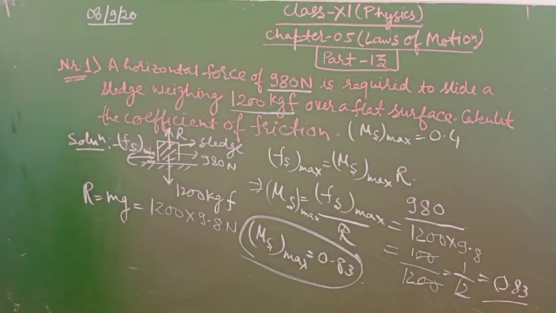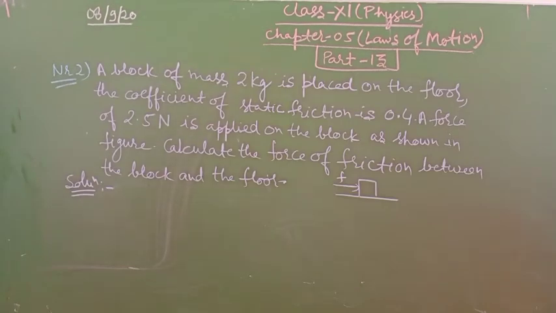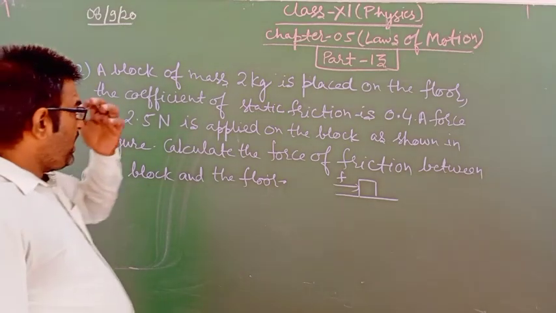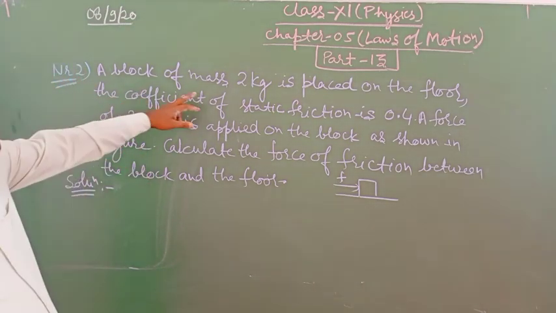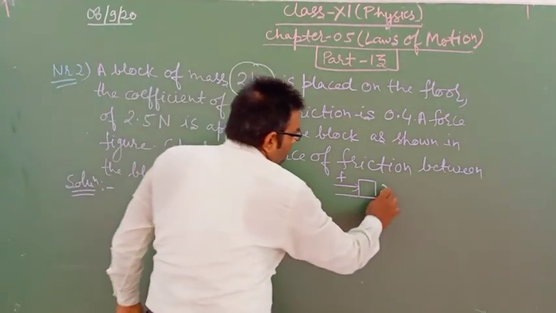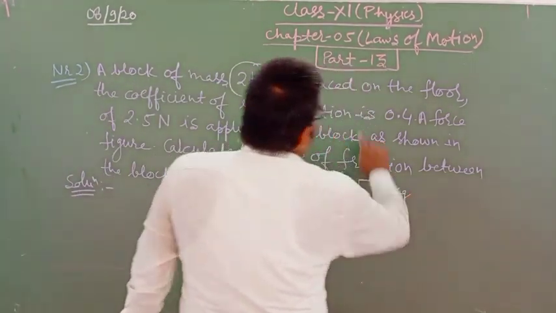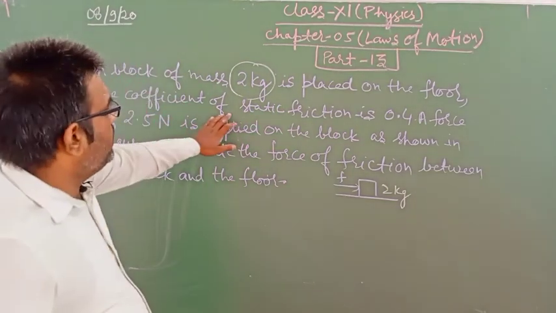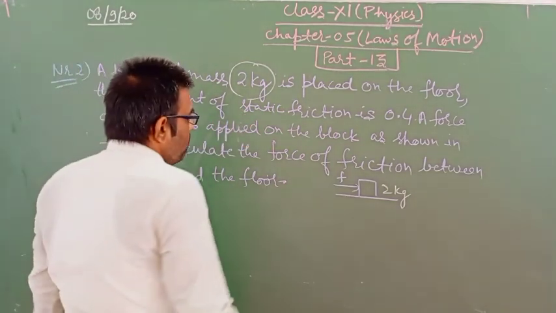Now dear students, look at another question. A block of mass 2 kg is placed on a floor with coefficient of static friction 0.4.